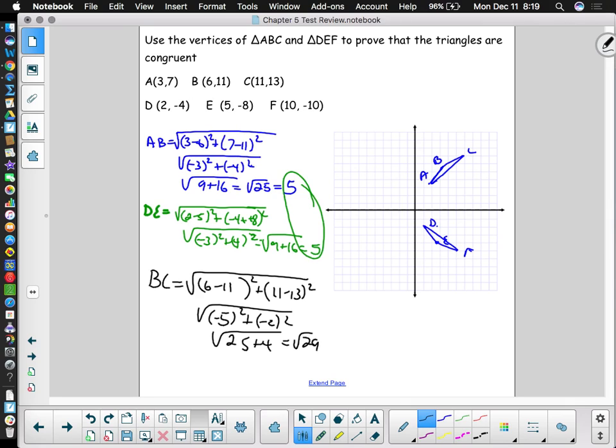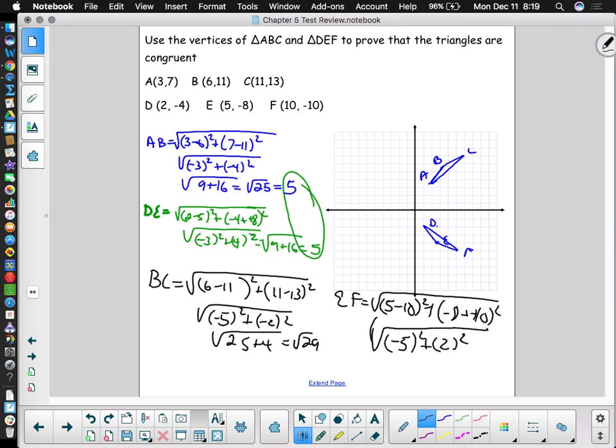BC would have to correspond to EF, so EF equals 5 minus 10 squared and negative 8 minus negative 10 squared. Sure enough, that's going to be the square root of negative 5 squared plus 2 squared, which is the square root of 25 plus 4, square root of 29. There, I've got those two congruent.